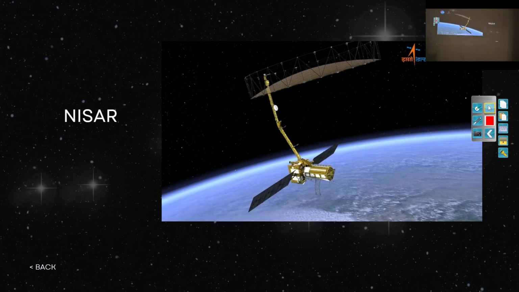It is also placed in the low Earth orbit only, in the polar orbit, that is low Earth only again. Okay. So you can write about NISAR, NASA-ISRO joint satellite. It is a remote sensing satellite.